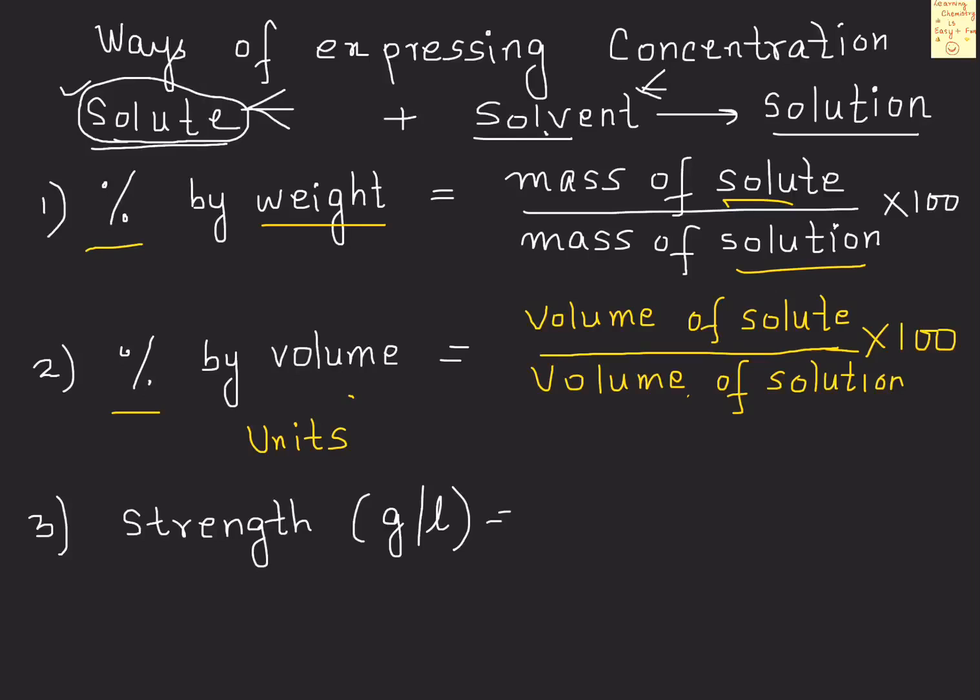So if you are taking the mass of the solute in grams, you take the mass of the solution also in grams. If you are taking the mass of the solute in milligrams, you take the mass of the solution also in milligrams. So it is expressed as a ratio, and that ratio is expressed as a percentage.